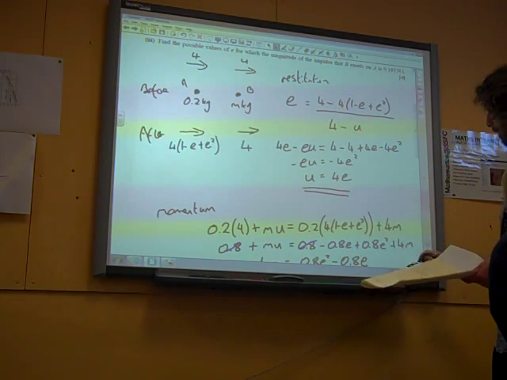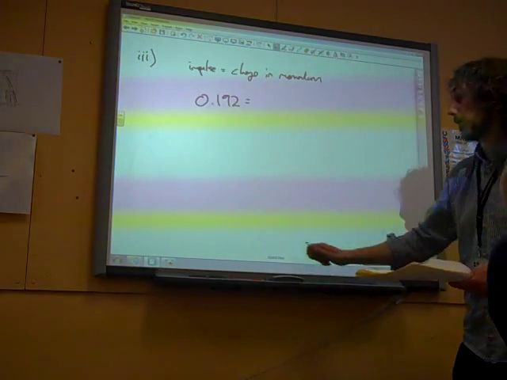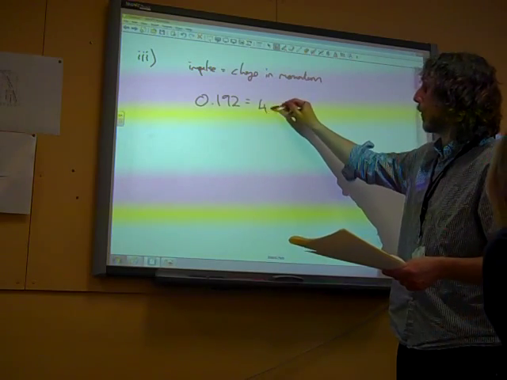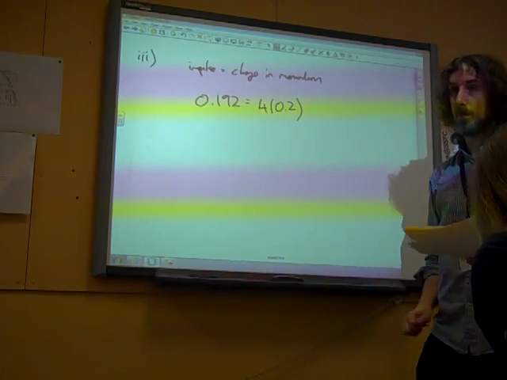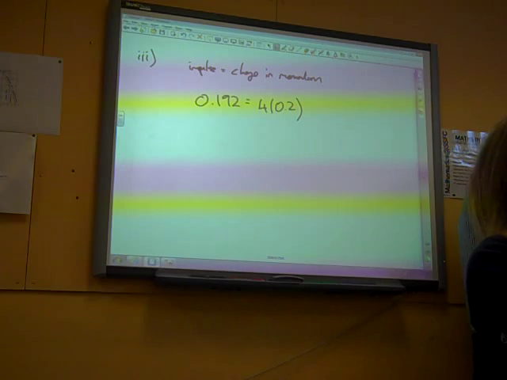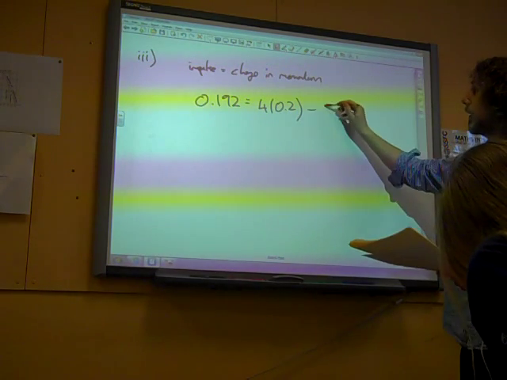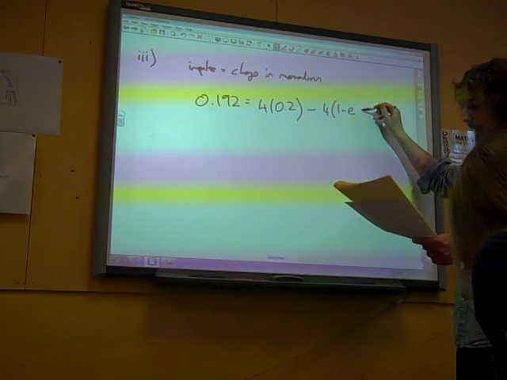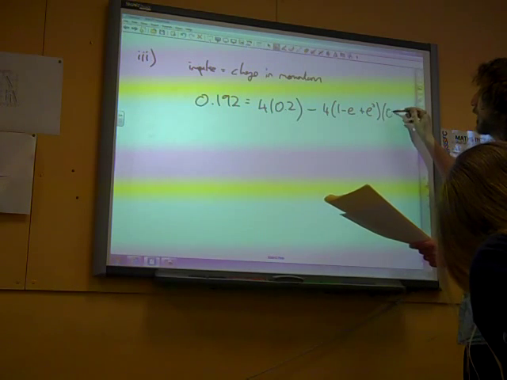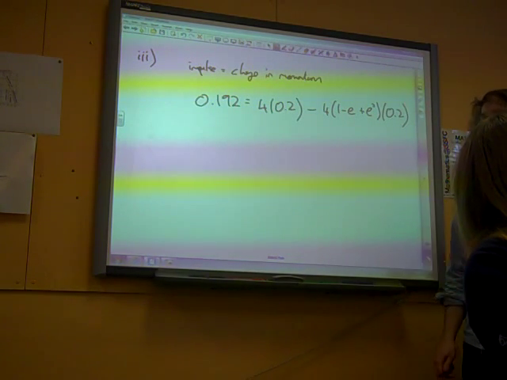So my change in momentum is 4 times 0.2. That's the initial momentum of A. Take away 4 times 1 minus E plus E squared times 0.2.